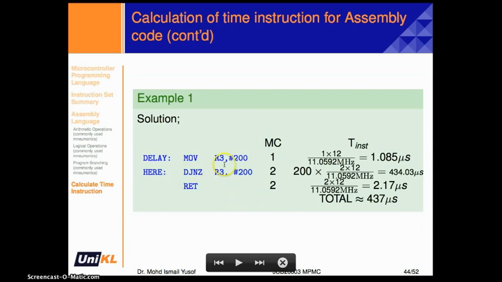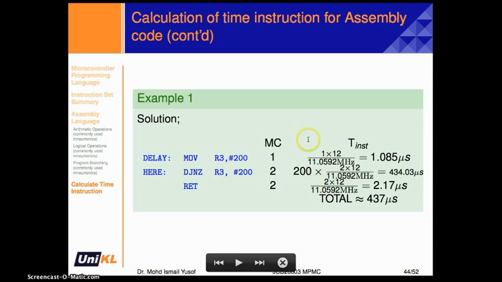Okay, look at the 8051 instruction list. We've got the MOV instruction, which is one machine cycle. DJNZ has 2 machine cycles, and RET has 2 machine cycles.